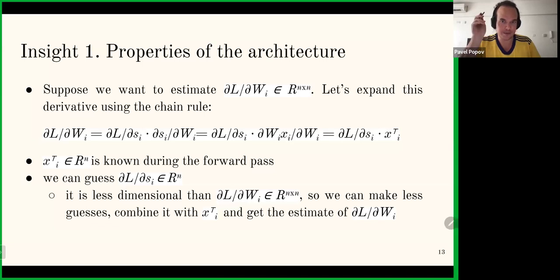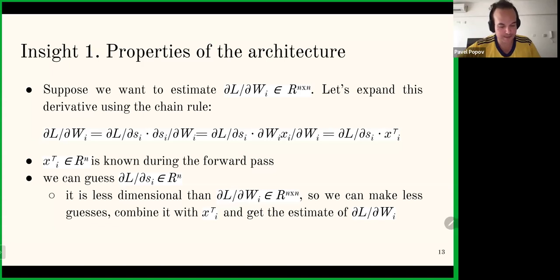One way to do it is to reduce the dimensionality of your guesses. The fewer dimensions you have, the more cosine similarity you can expect between your estimated gradient and the true gradient.